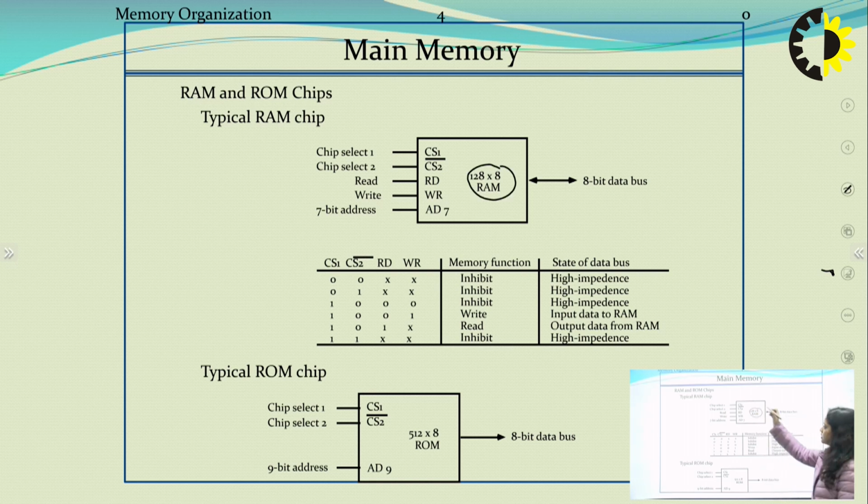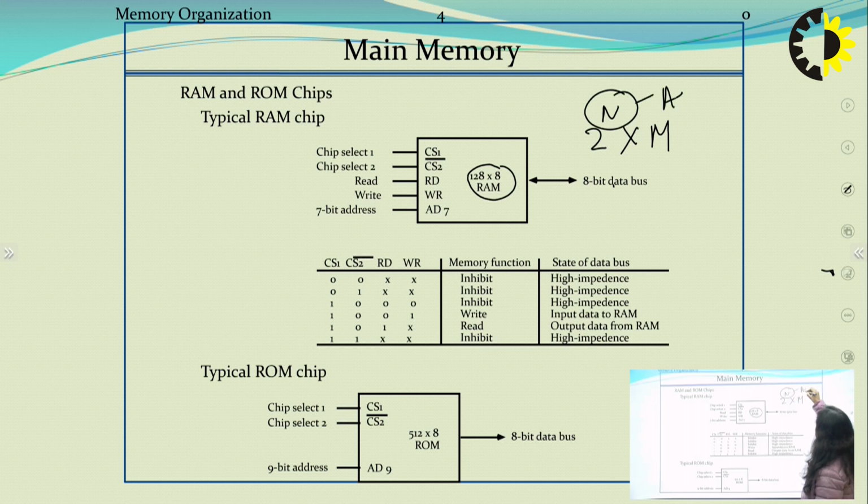That means when we write the memory size in this term, it is like this: 2 raised to the power n into m, where n is the address lines and m is the data lines.